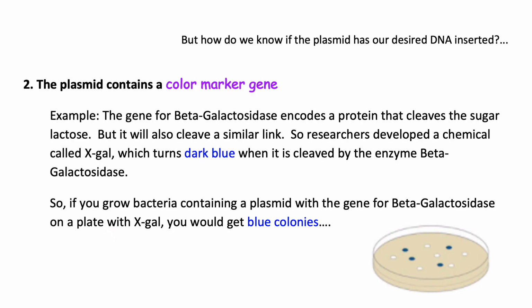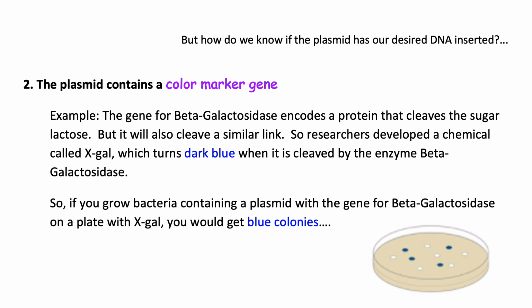But our second question was, how do we know if the plasmid has our desired DNA actually inserted into the plasmid? And the way that is done is by using a plasmid that contains a color marker gene. So for example, the gene for beta-galactosidase encodes a protein that cleaves the sugar lactose, but it will also cleave a similar link.